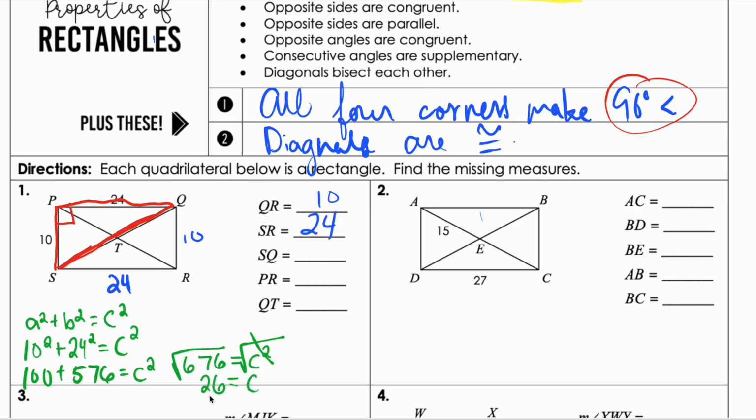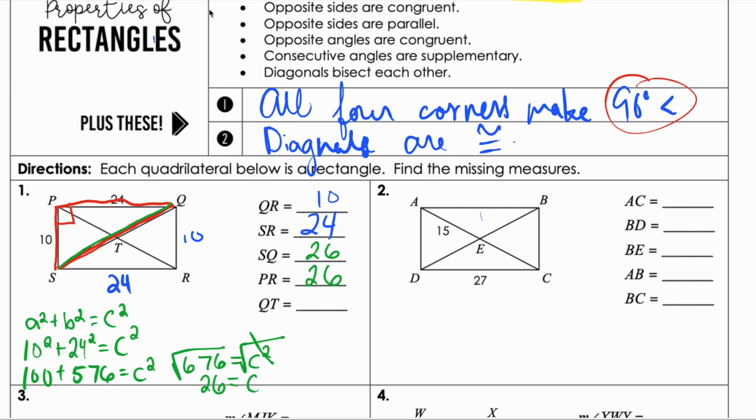So c equals 26. We were able to find this hypotenuse. SQ is going to be 26. Now they're asking for PR, which is the other diagonal. And remember that both diagonals are congruent, right? So if SQ is 26, then PR is also 26.